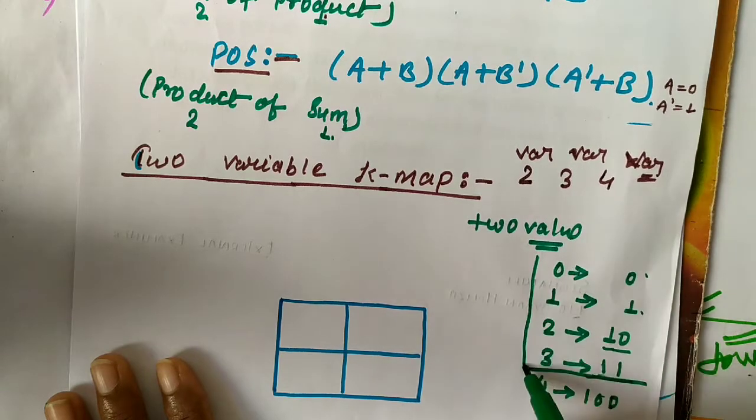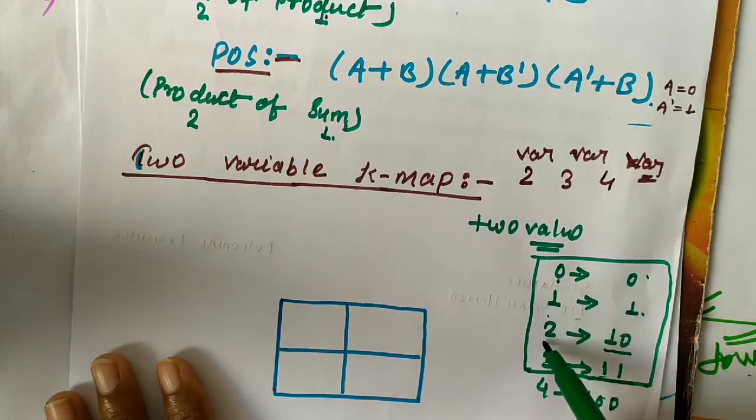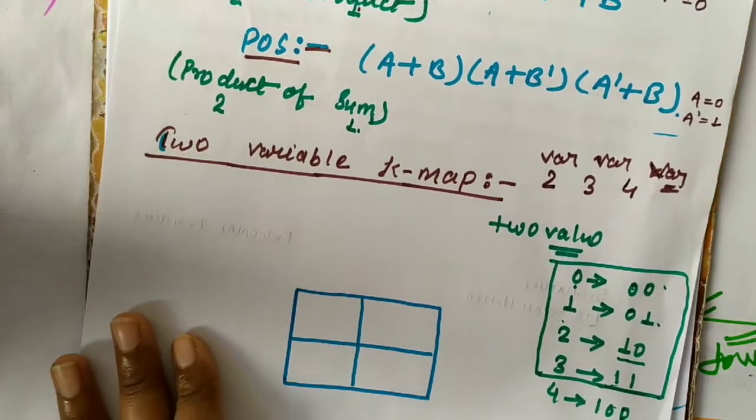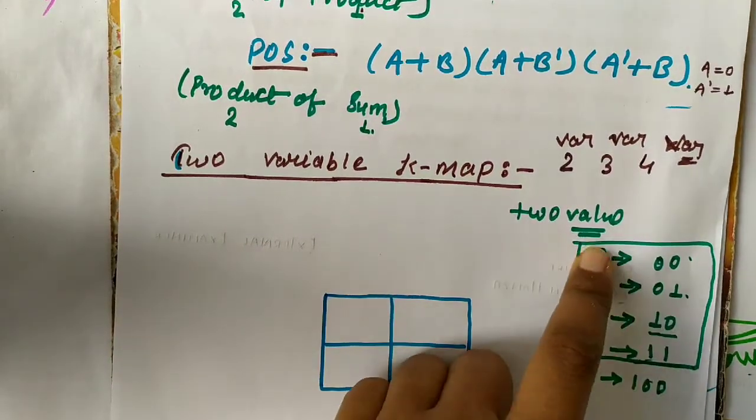So in 2 variable we can take 4 values, 0, 1, 2, 3, because in 2 variable it goes from 0 to 3.